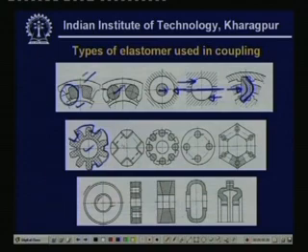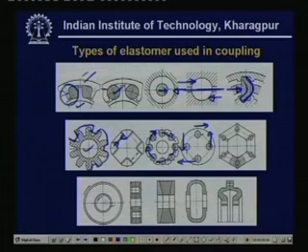This again has complicated motions. Here this part is compressed and this is compressed. Similarly here the entire member moves along the clockwise direction. Here one part is in clockwise direction and another in the anti-clockwise.